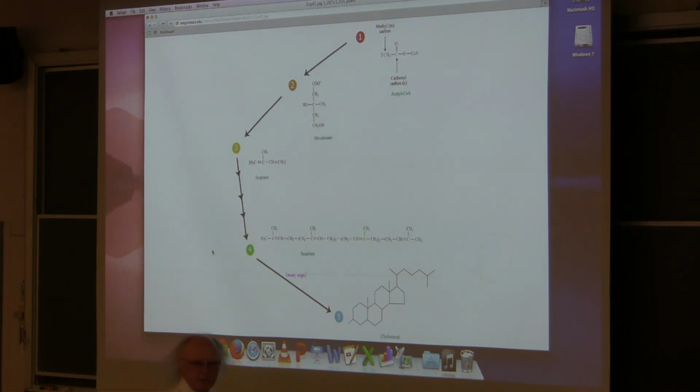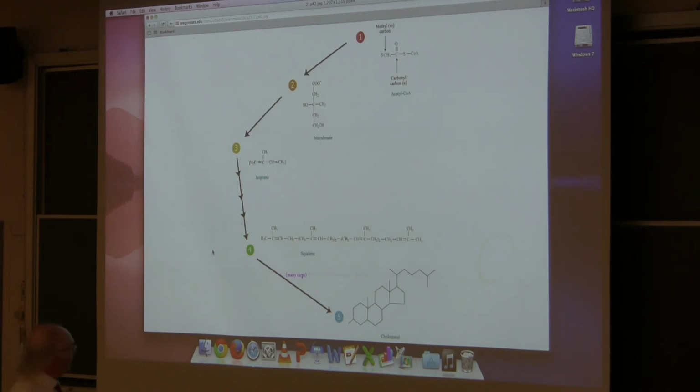As cholesterol levels build up, HMG-CoA reductase becomes inhibited if everything's working right, which means the body will slow down synthesis of cholesterol when cholesterol levels get high. Well, how does a person have high cholesterol levels then? Well, there's a variety of ways a person can have high cholesterol, and I'm actually going to talk about that in the lecture on Monday. I'm not going to talk about that today.